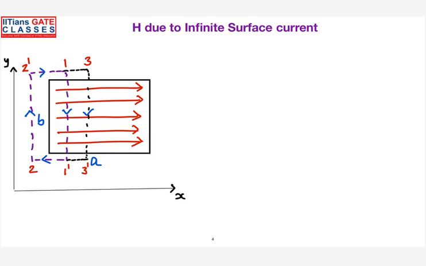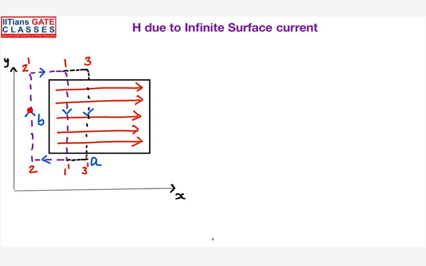And if I define the surface current density as K, can you tell me what is the total current enclosed by the sheet? K into B, very good. Because the surface current is flowing in the X direction, and to find the total current, that is the surface current density multiplied with the dimension which is perpendicular to the surface current.